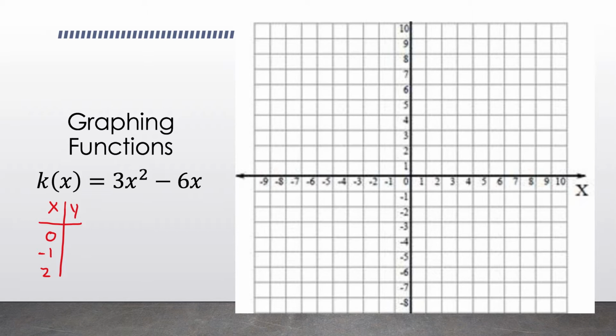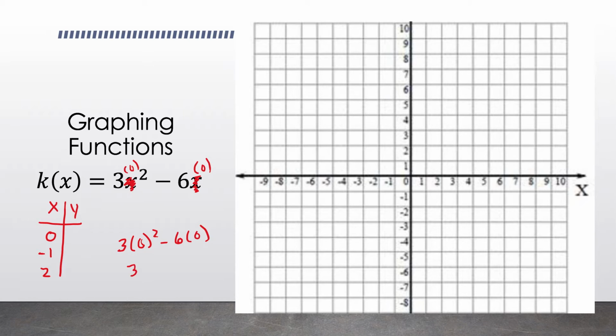So as I begin, I'm going to place a 0 in place of that x and a 0 in place of this x. So I have 3 times 0 squared minus 6 times 0. Again, remember that your powers or your exponents will always come first.